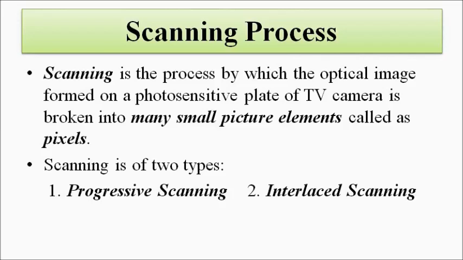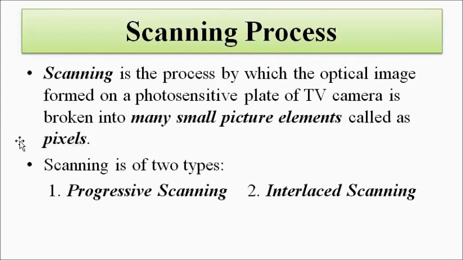It will be represented by certain voltage or current signals, and this process of converting the entire picture frame into small picture elements having different color characteristics, brightness characteristics, tonal gradation, everything that represents a picture element or pixel, is called scanning: breaking down of a big picture into small picture elements.